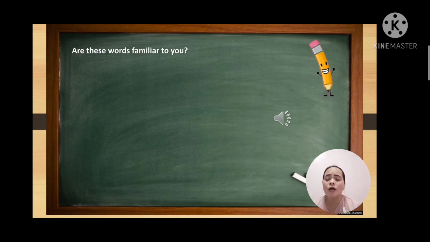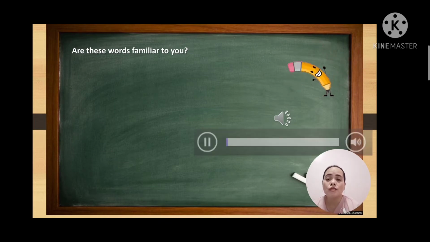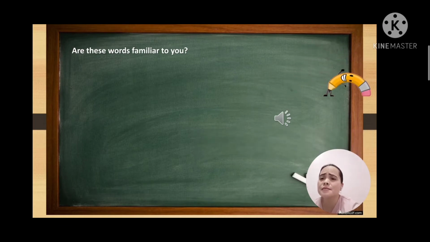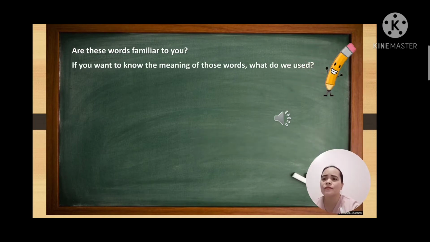And once we encounter difficult words, we're going to find its meaning. Where are we going to find its meaning? So if you want to know the meaning of those words, what do we use? Can you tell, class? Yes, correct. It's the dictionary.